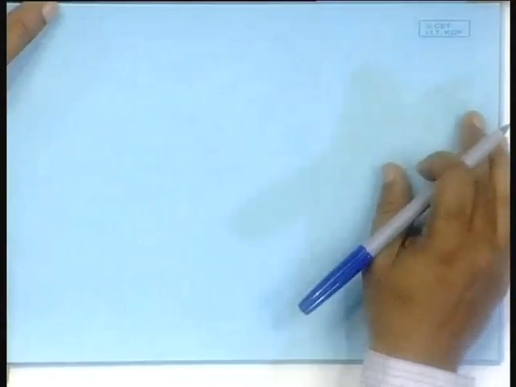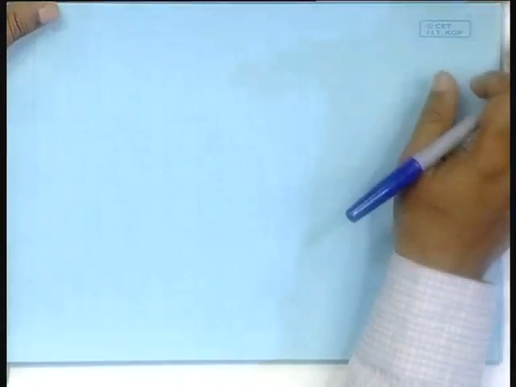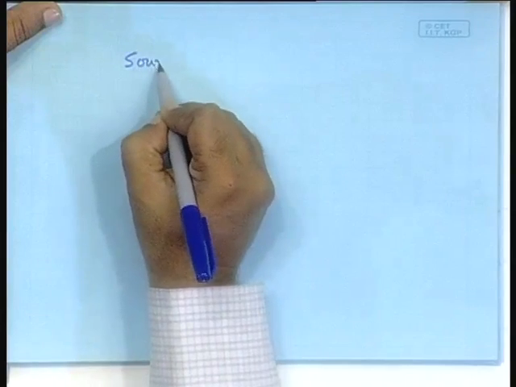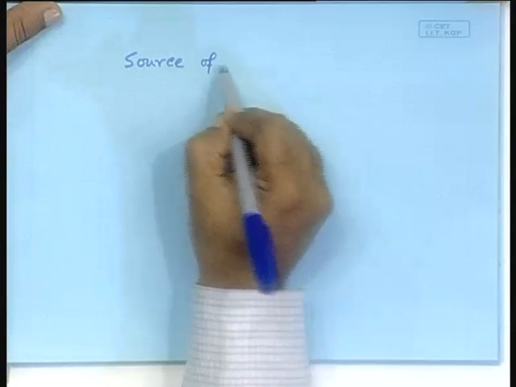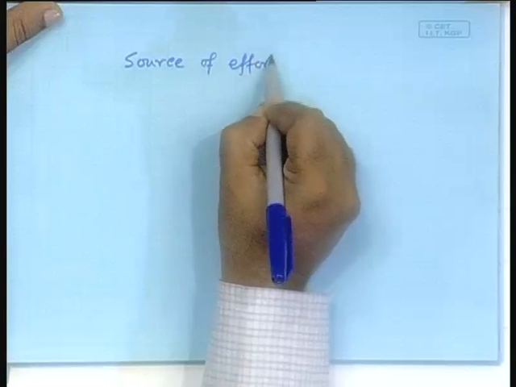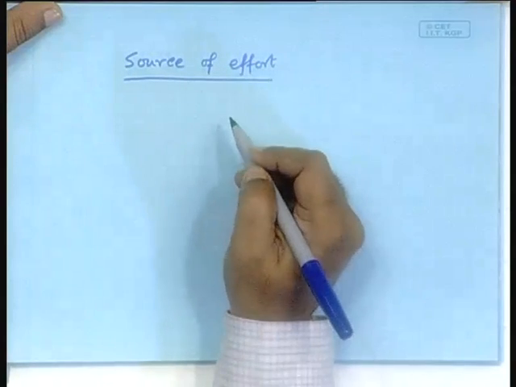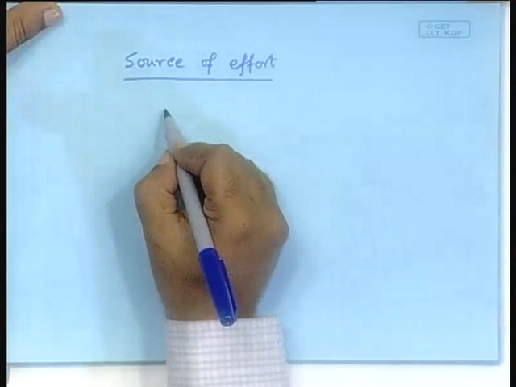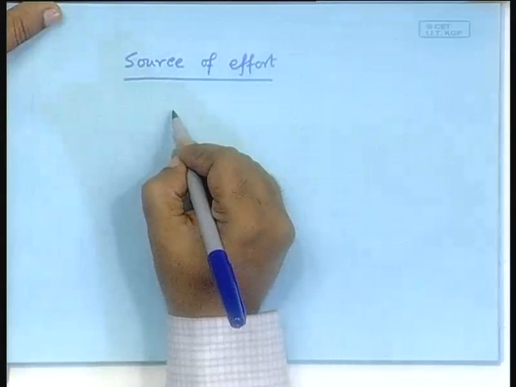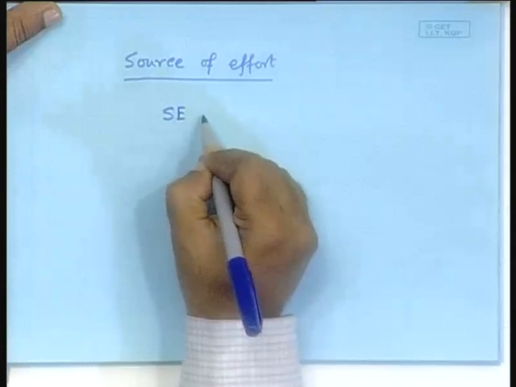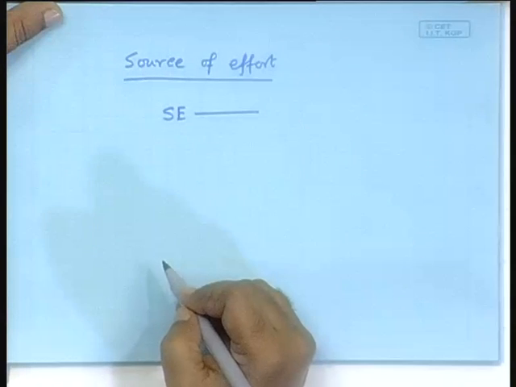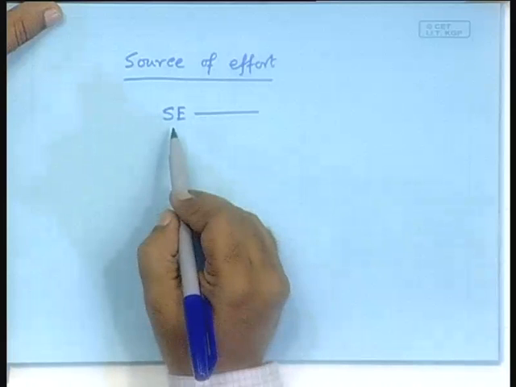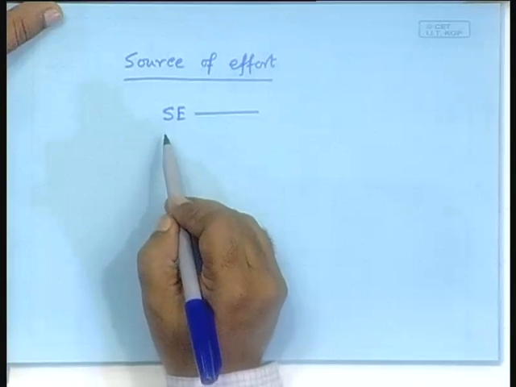Similarly, we have two other elements that can be represented in a similar way, that is the source of effort. Source of effort will be represented as, just note the symbol, SE connected to a bond. What is the property of this SE element, source of effort?